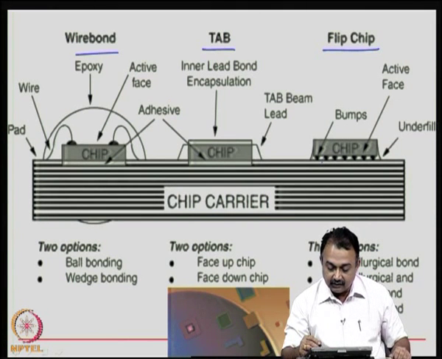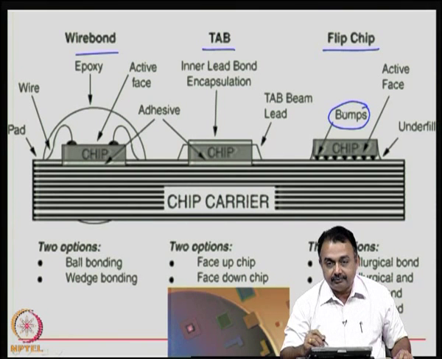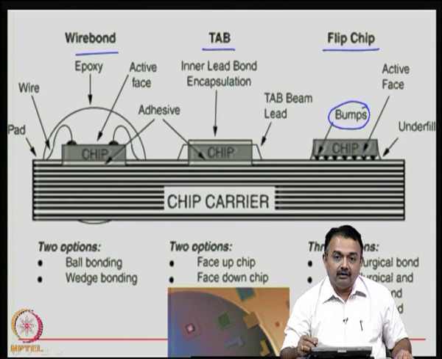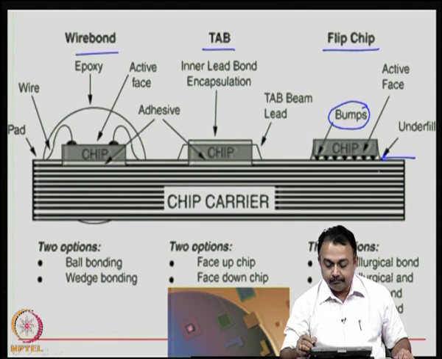We call the interconnects for the flip chip bumps. Okay. So, bumps will be created on the flip chip die, so that they can register with the bond pads on the substrate. These are known as direct chip attach method or a flip chip methodology.